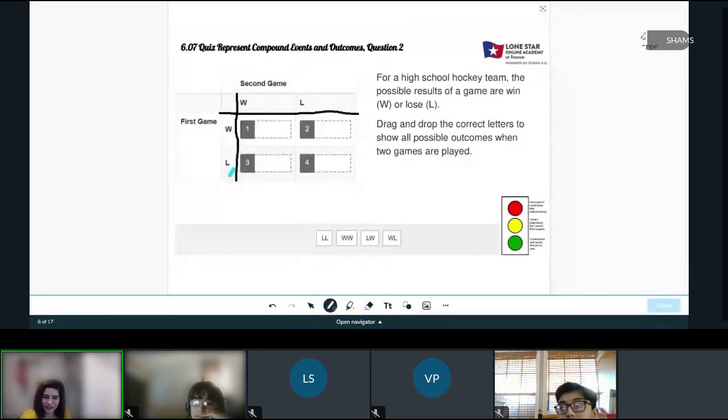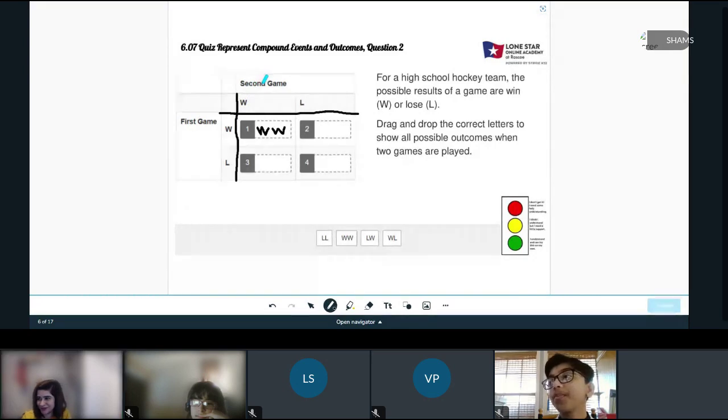In the first game, if somebody's going to win, W is for win, you can put W. Second game, the person also wins. W. This is how you read this block: WW, because this one is coming from W, W. First game, first letter. Second game, second letter.